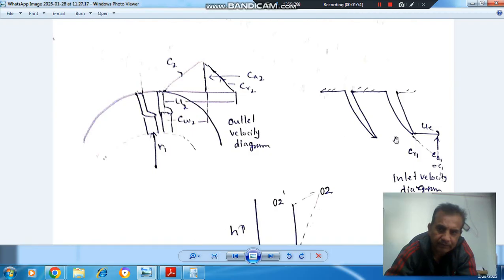At inlet the velocity diagram is: the absolute velocity is axial, that is CA1 is equal to C1, and this is relative velocity and this is blade velocity. And at outlet this is the velocity diagram, this is your relative velocity, this is absolute velocity, this is axial velocity, this is blade velocity, and this is work component.